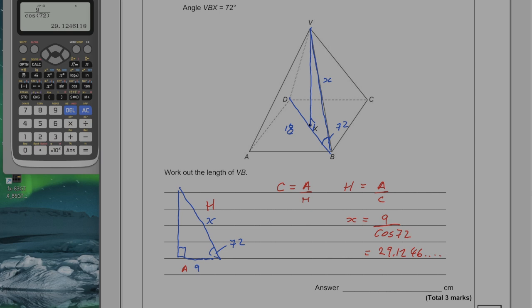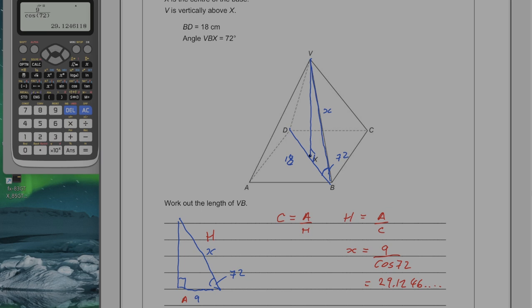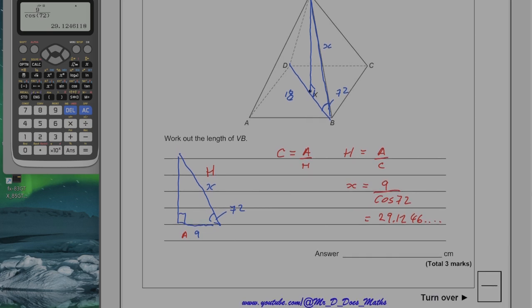Right, the question has either, I always go 1 degree more accurate than the question, so that would either be 1 extra decimal place or 1 extra significant figure. And normally, in most cases, it ends up being the same value for both, either to 1 decimal place or 3 significant figures. That would be 29.1.